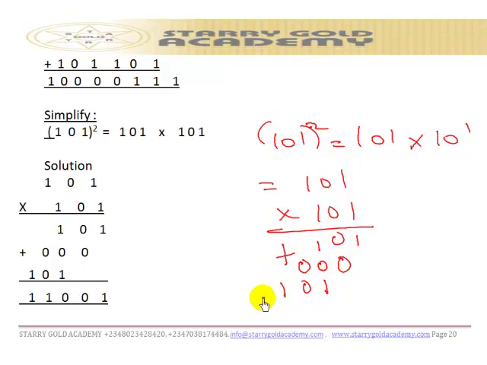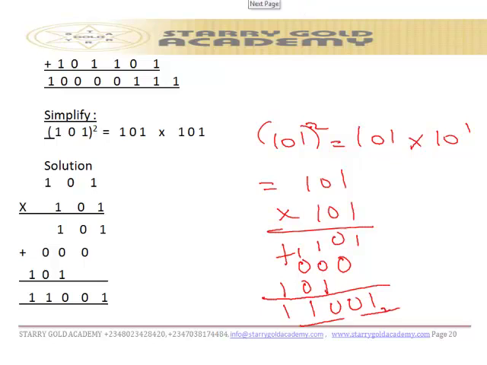So we have 1 0 1 plus 1 is 10. Then you have 1 1. So you have 11001 base 2. This is simple because it's like the normal multiplication you already know.